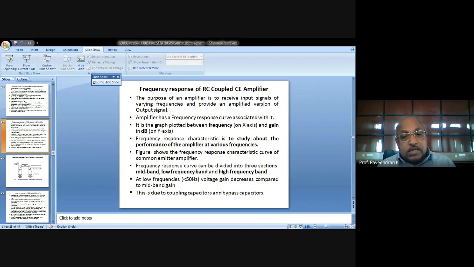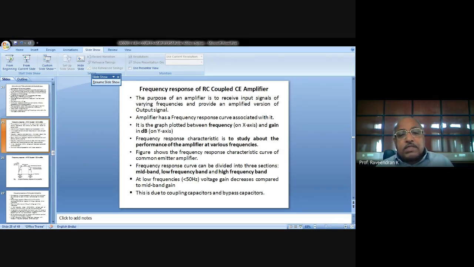It is this range of frequencies, 50 hertz to 20 or 30 kilohertz, that is the mid-frequency range, where the voltage gain of the amplifier is almost constant, because all the connected coupling capacitors and bypass capacitors offer very low resistance, and that can practically be considered a short circuit.